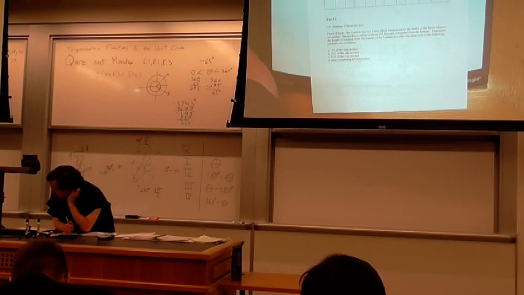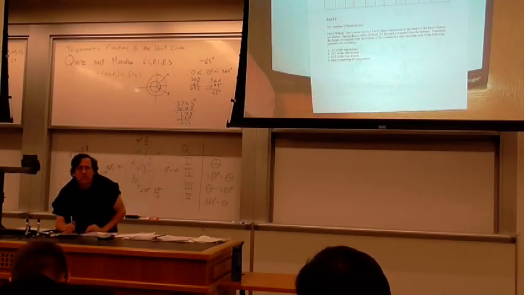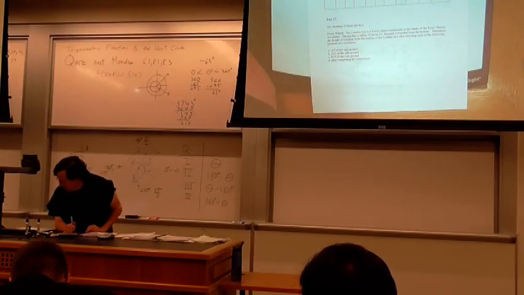All right, has everybody at least gotten through the first two columns? The sine and cosine of the zero degrees to 60 degrees?